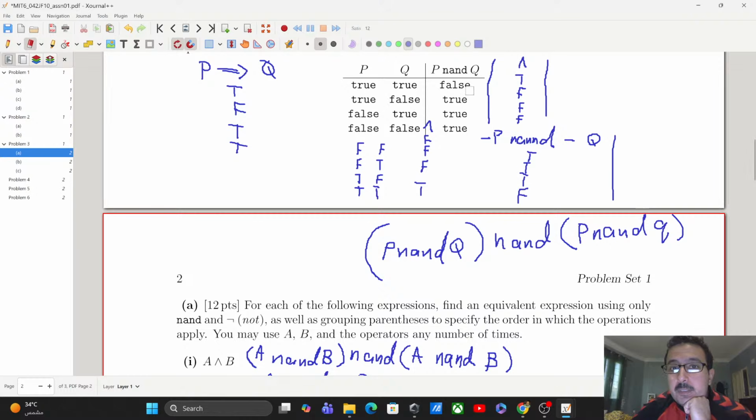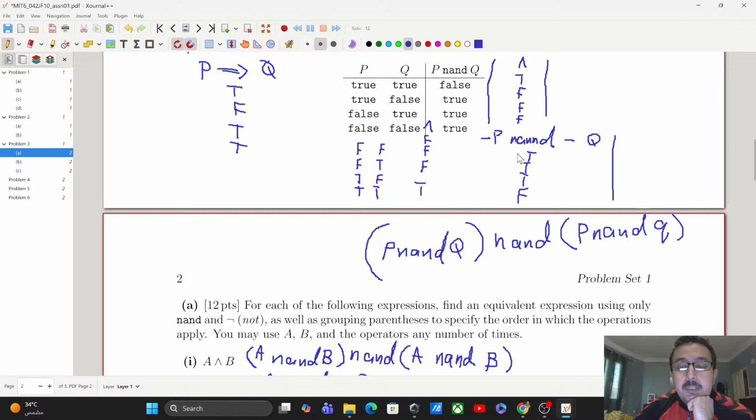because here it's gonna be, what are we having? True and false. Yep. So here it's only false when, where's the false? When it's true.